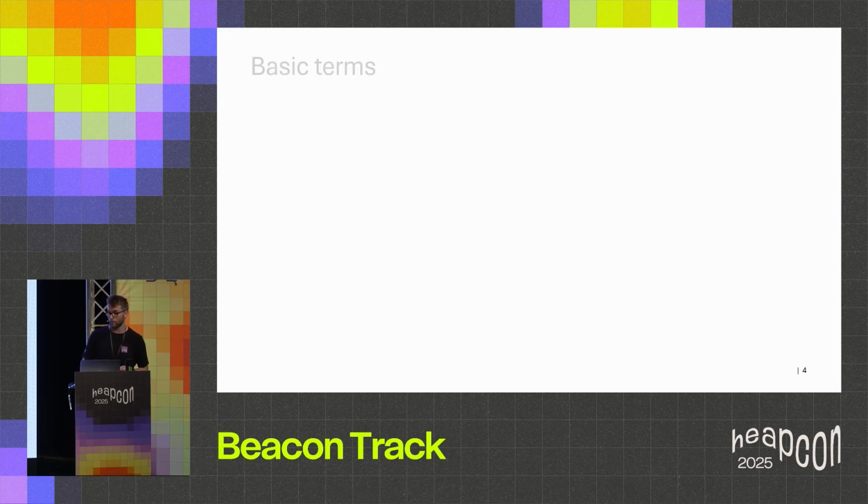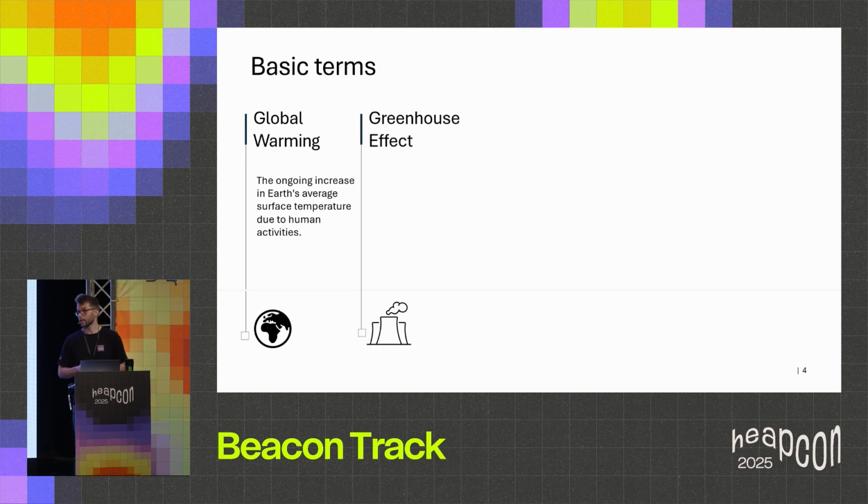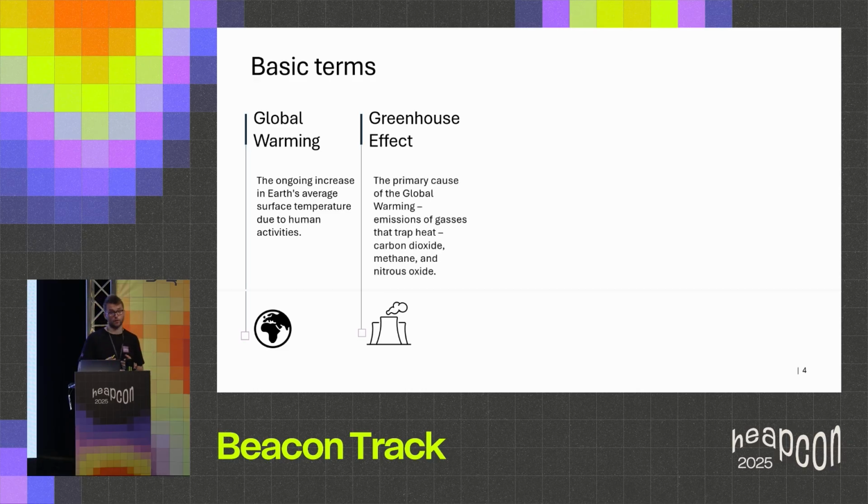So starting from the basics, basic terms, we hear about a lot, global warming, what it is, and it's an ongoing increase of Earth average temperature that is caused by us, by human activities, unfortunately. We have next the everlasting greenhouse effect, and it's the primary cause of global warming, and it describes the emissions of gases that trap heat, carbon dioxide, methane, and nitrous oxide.